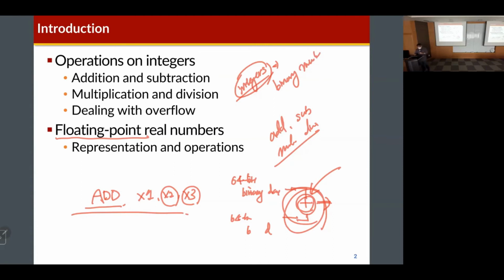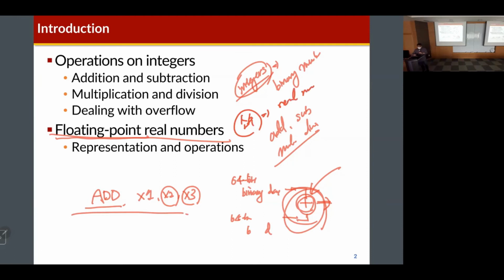Then what are floating point numbers? In Korean, floating point numbers are called 소수, which is very similar to the real number.